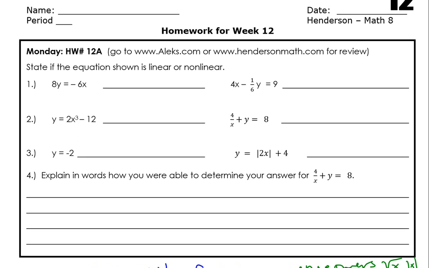So question number 1. No powers, no products, and no variables in the denominator. So that's linear. No powers, no variables in the denominator, no products, so that is also linear. Number 2, well, that has a power.